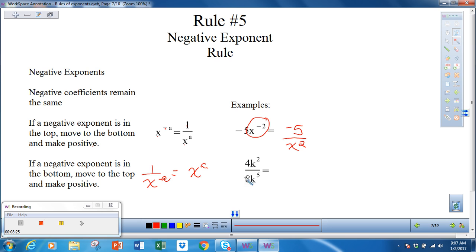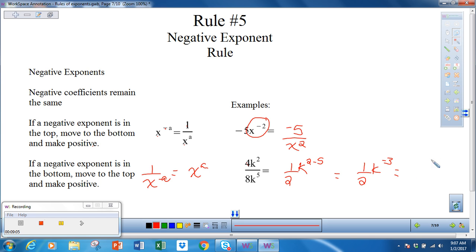In this case, we treat coefficients the way we always have. So 4 divided by 8 is 1/2. k squared divided by k to the 5th gives us k to the 2 minus 5, which in turn gives us 1/2 k to the negative 3. 2 minus 5 is negative 3.